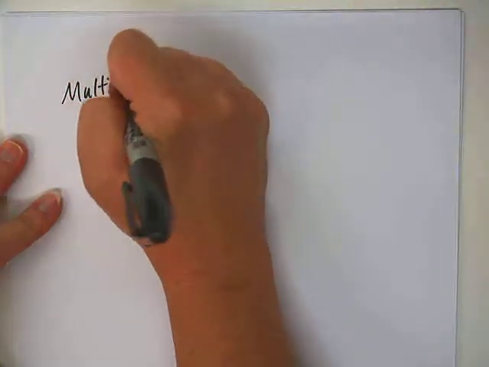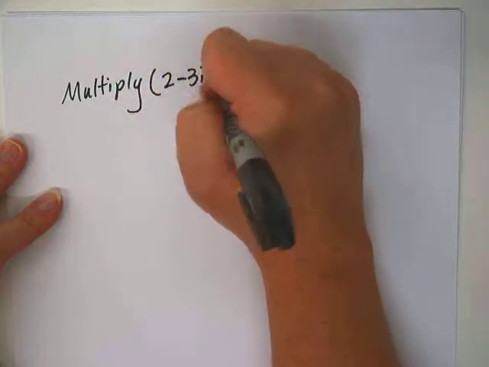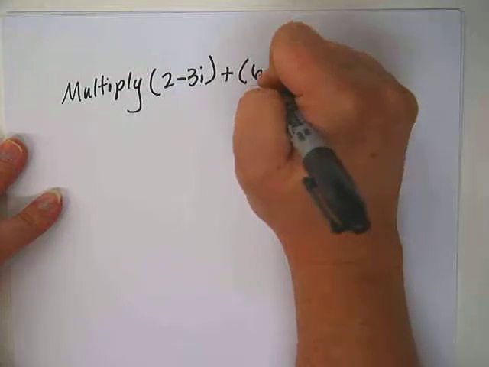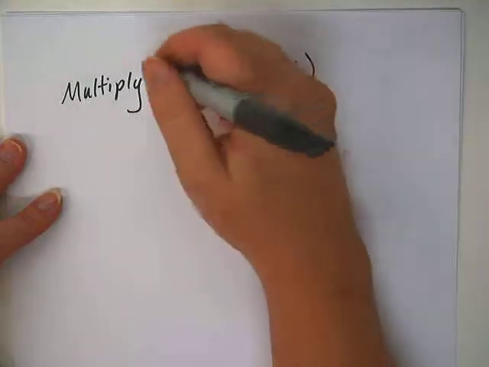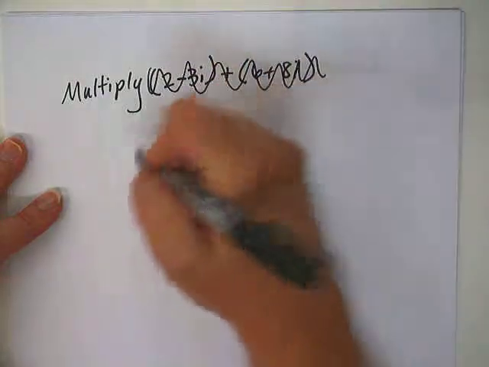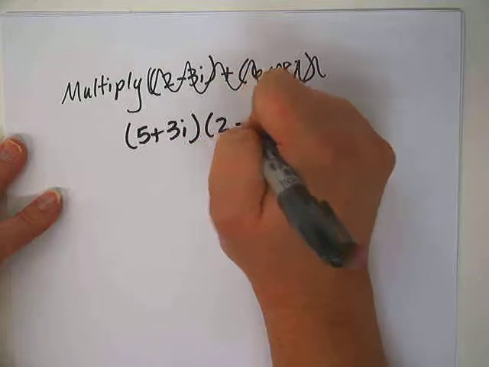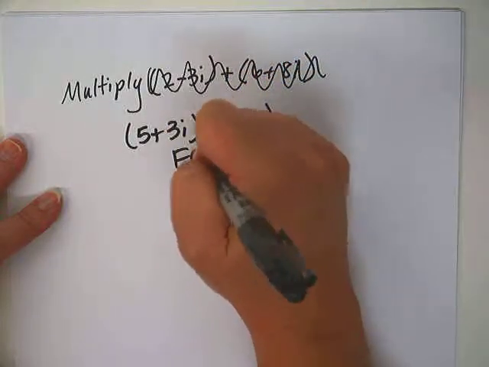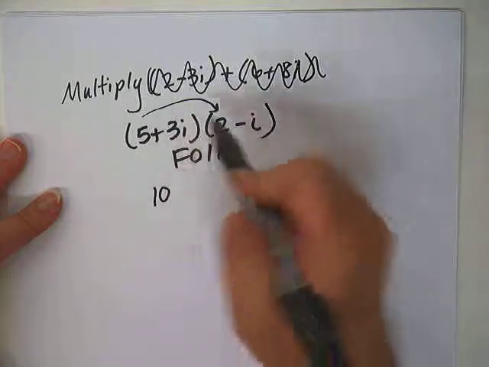Similarly, we can multiply complex numbers. When you multiply complex numbers, you have to FOIL. I wrote down the wrong problem. That was the one we just barely did. Let's do this one instead: 5 plus 3i times 2 minus i.